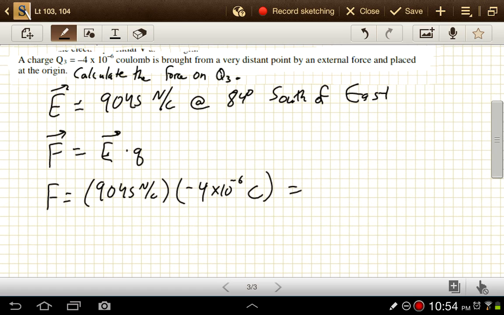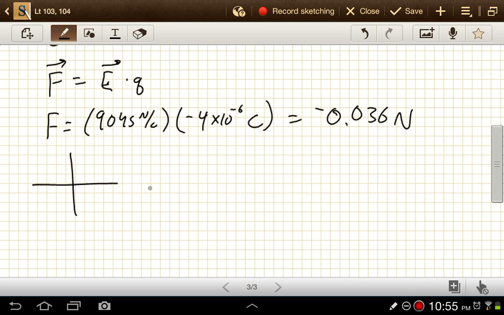And we get negative 0.036 newtons. And the direction here is 84 degrees south of east, but with the negative sign there, it's actually going to be the other direction, so that'll be 84 degrees north of west.